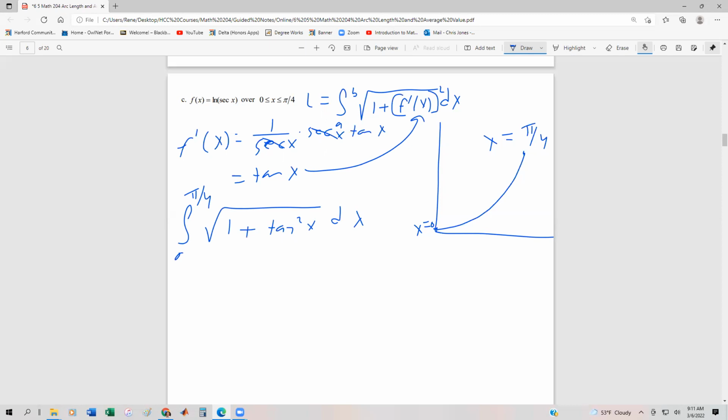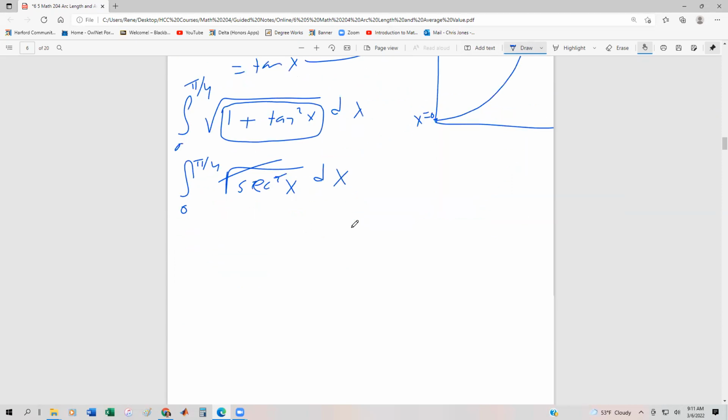Now at this point, we probably remember from our trigonometric substitutions that this is a Pythagorean identity. So this is going to be the integral from 0 to pi fourths of the square root of sec squared x dx. And then we know that the square and the square root are going to cancel out.